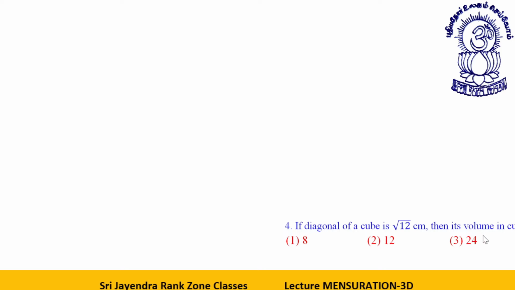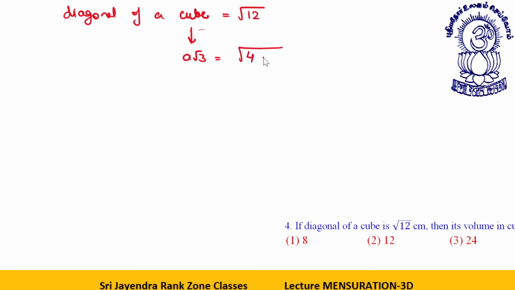Diagonal of a cube is root 12, then its volume in cubic centimeter is? Diagonal of a cube is given to you as root 12. This is a root 3 equal to root 12, or I can say 4 into 3. Root 3 and root 3 cancel, a will come out to be root 4, or 2.